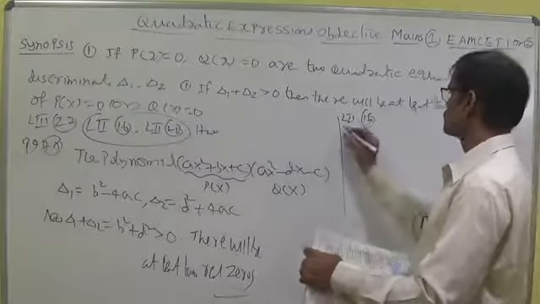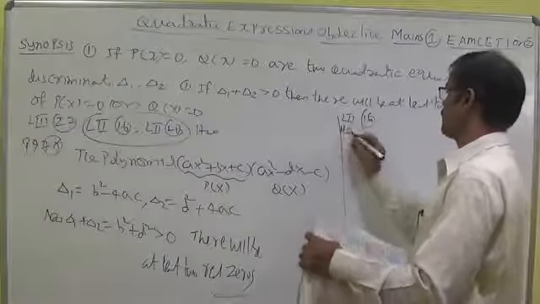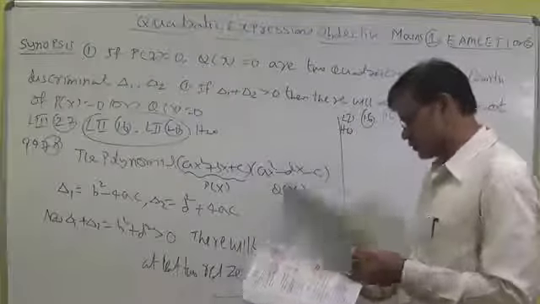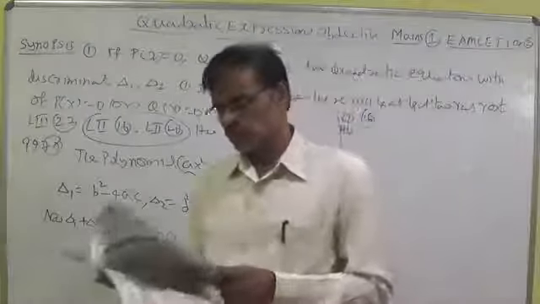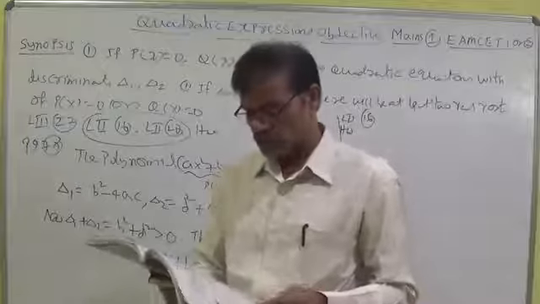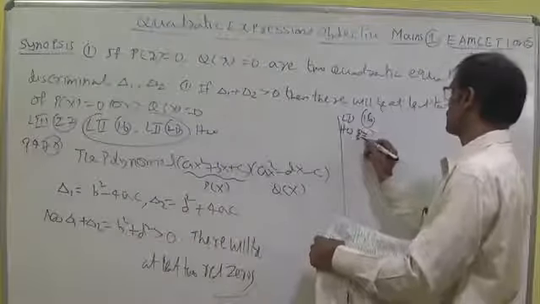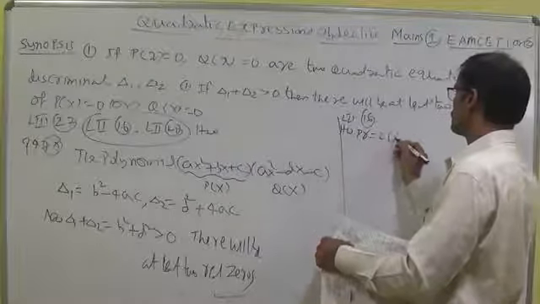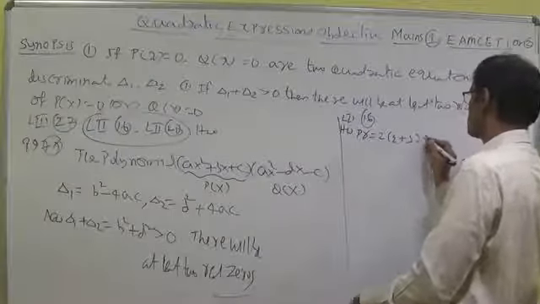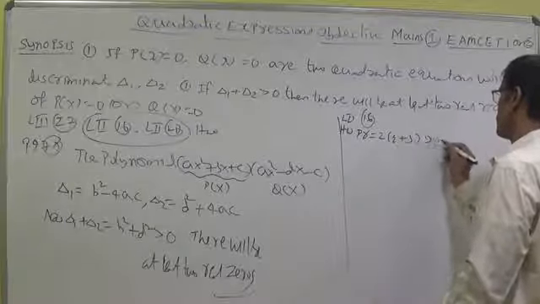Level 2 homework 16th question. PR is equal to 2 into (q plus s), given. This is a given condition.